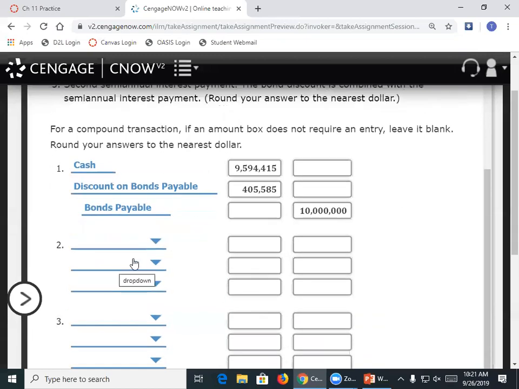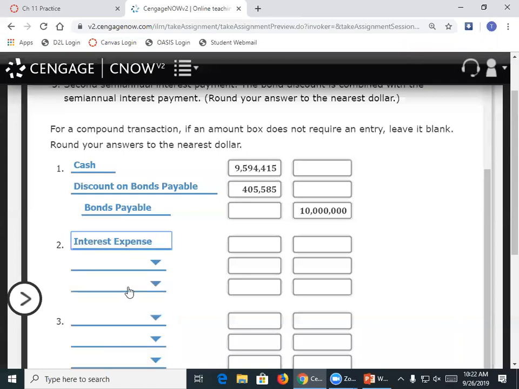Okay, so on number 2, we know we need to recognize $40,559 of the amortized discount, and we need to make a cash payment of $350,000. So how do I structure this payment plus recognizing the amortized discount? What do I debit? Interest expense. Interest expense, good.